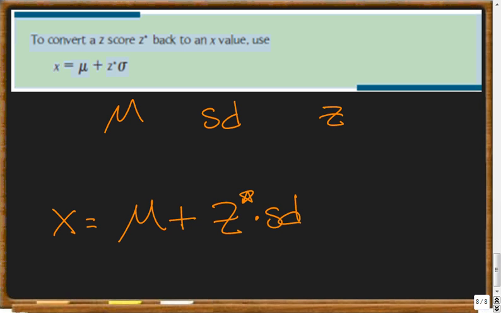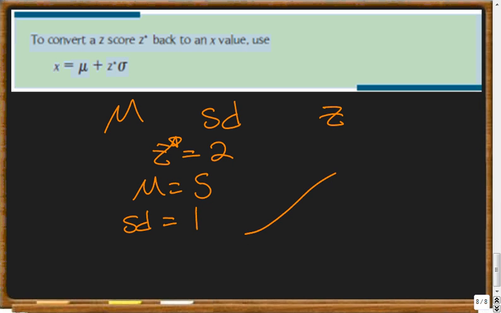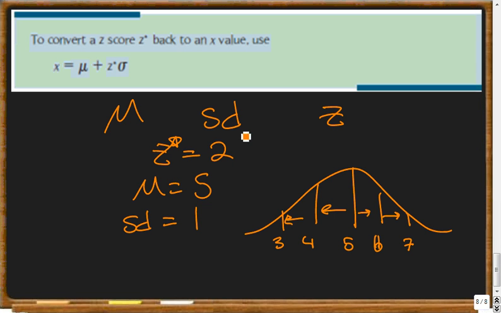So, for example, if my z-score was 2, and my mean was 5, and my standard deviation was 1, then what this means is that my distribution starts at 5, and each time I move up 1, well, if my z-score is 2, that means that I'm 2 standard deviations above the mean.